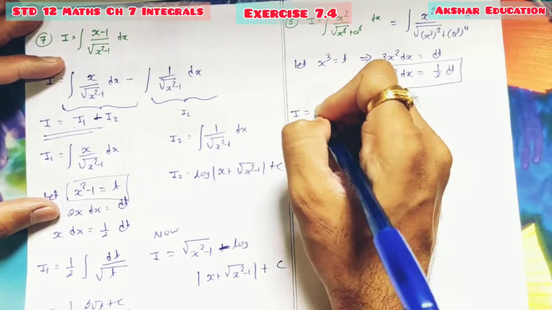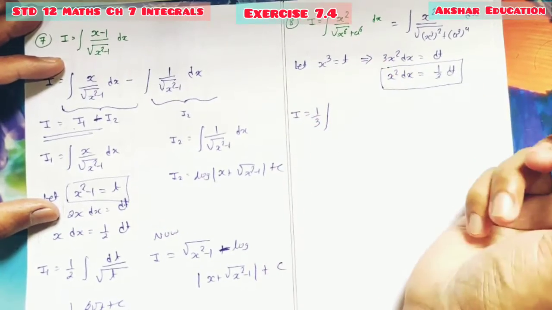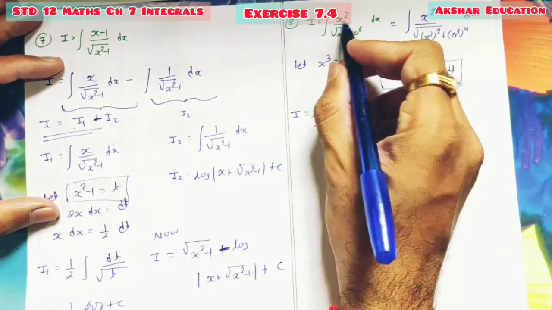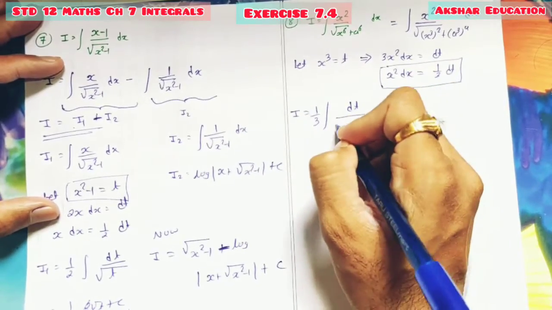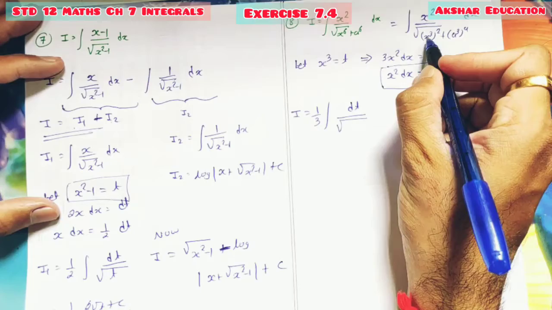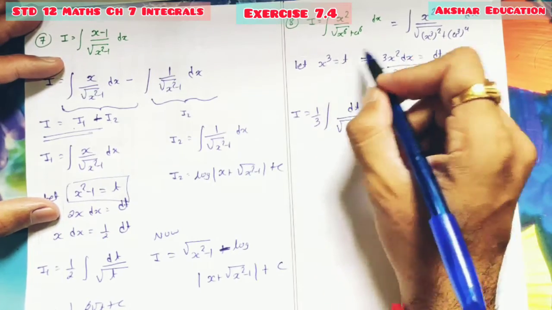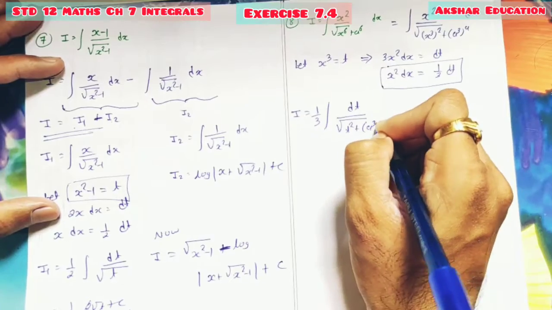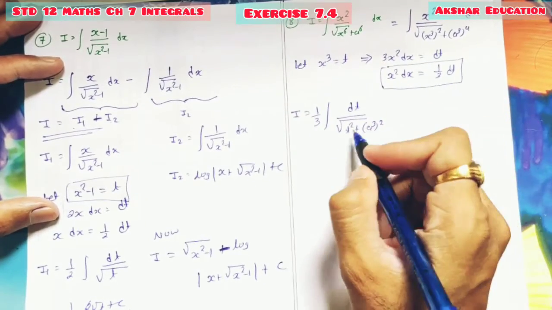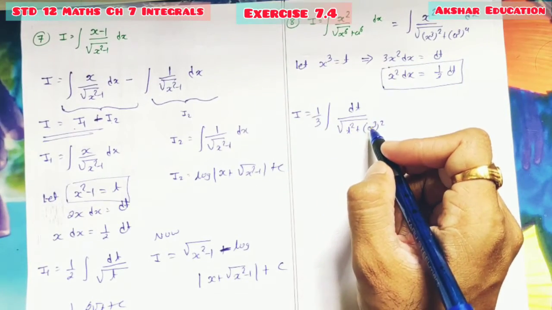So our integration I is 1 by 3 constant, taking outside the integration, x square dx is dt, and in the denominator we are getting t square plus a cube whole square. So this is square root of x square plus a square formula.